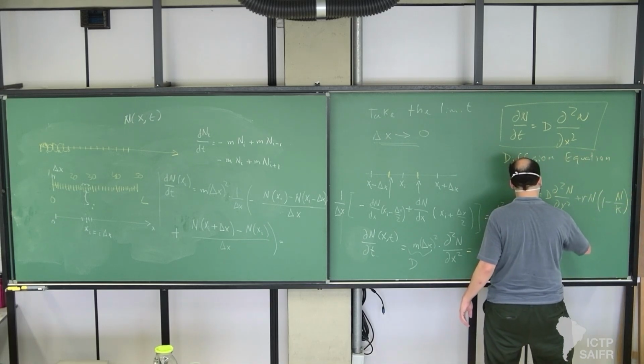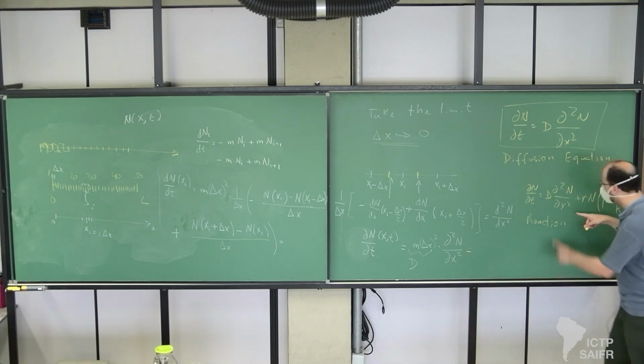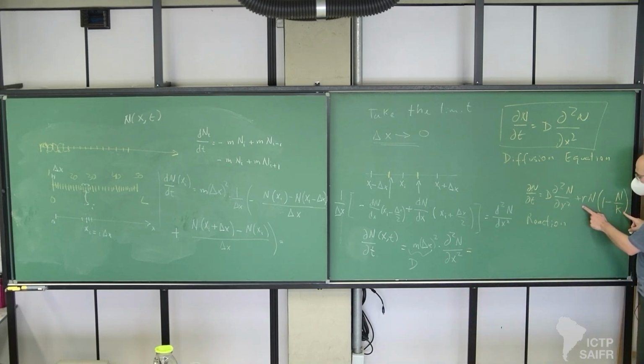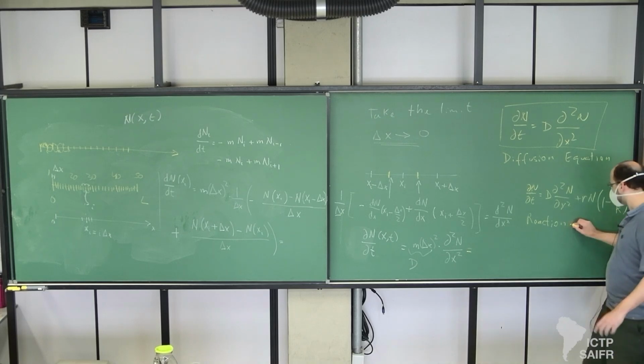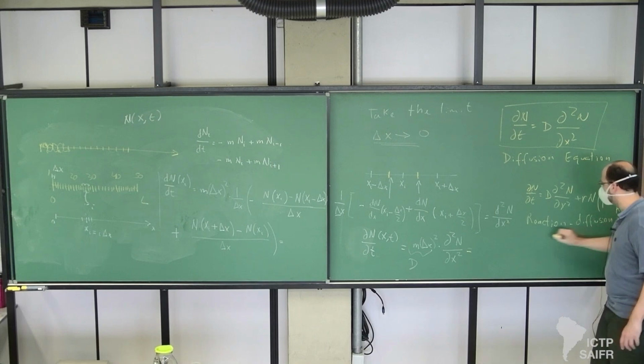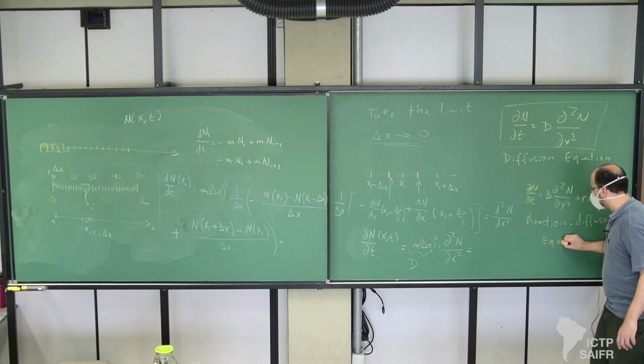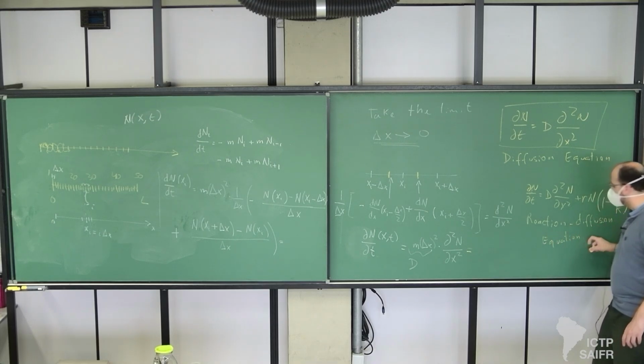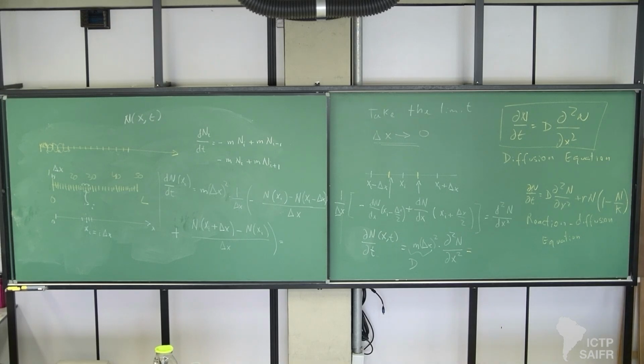This is the diffusion term, and this is the reaction term, that is the growth term. It's called reaction because it was first used in chemistry, and in chemistry, species don't grow, they react. So this would be a growth term in ecology. Reaction diffusion equation, and this is the basis for most of the theory in spatial ecology.